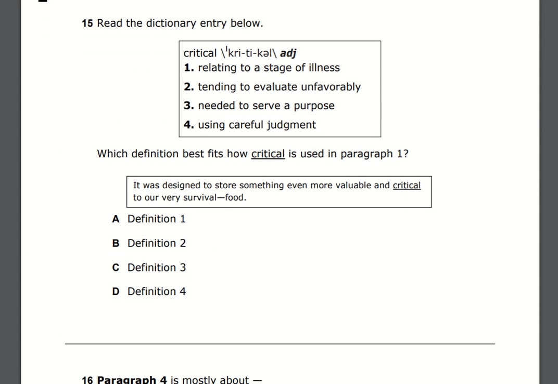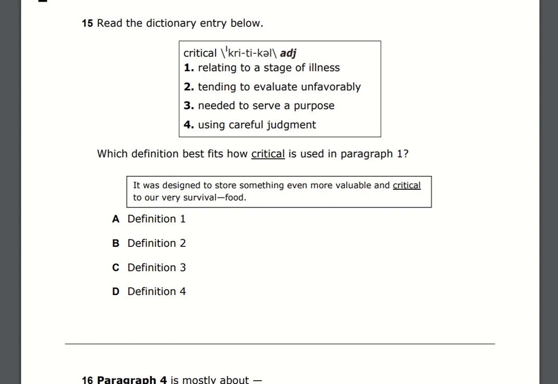Question 15. Read the dictionary entry below. Critical. 1. Relating to a stage of illness. 2. Tending to evaluate unfavorably. 3. Needed to serve a purpose. 4. Using careful judgment. Which definition best fits how critical is used in paragraph 1?